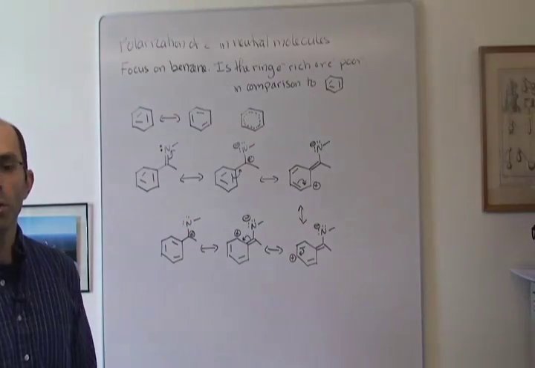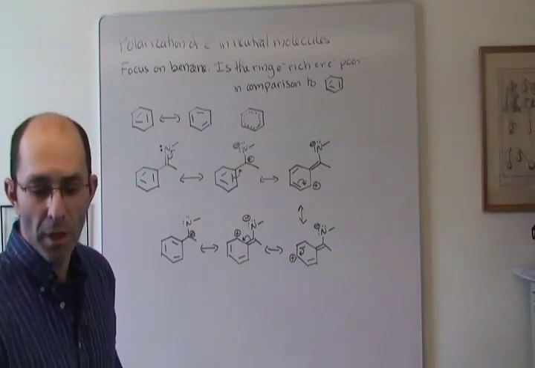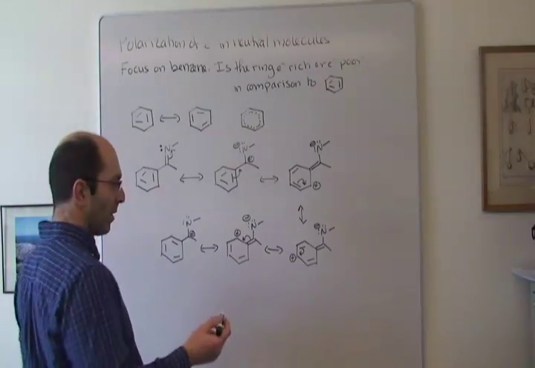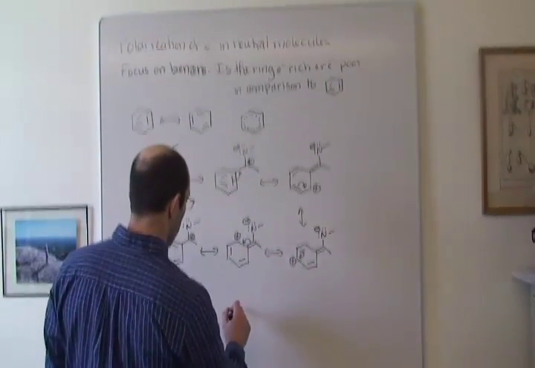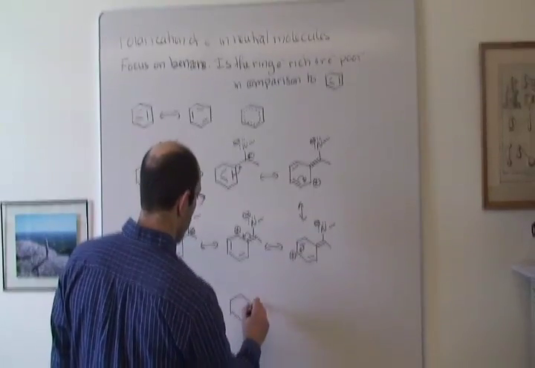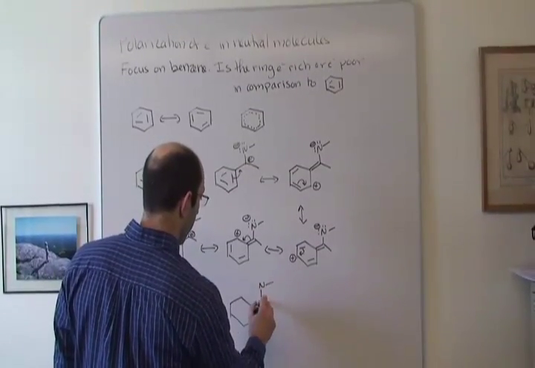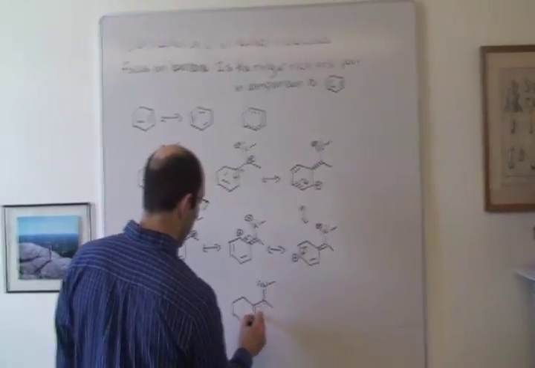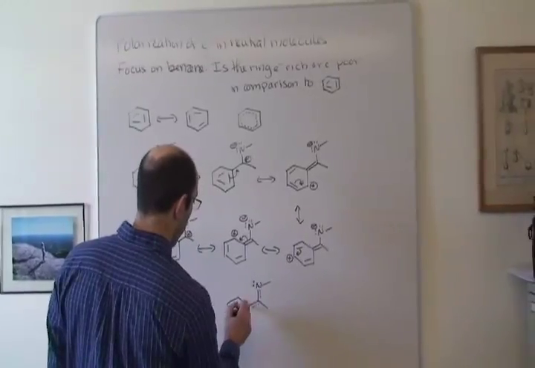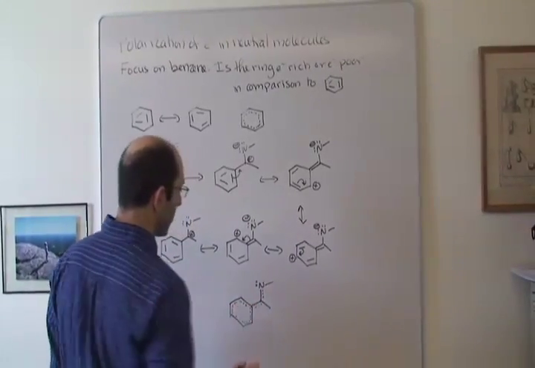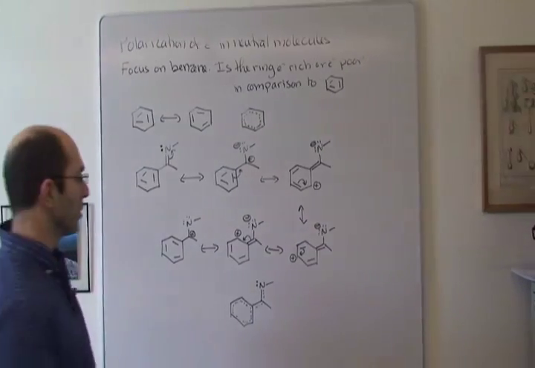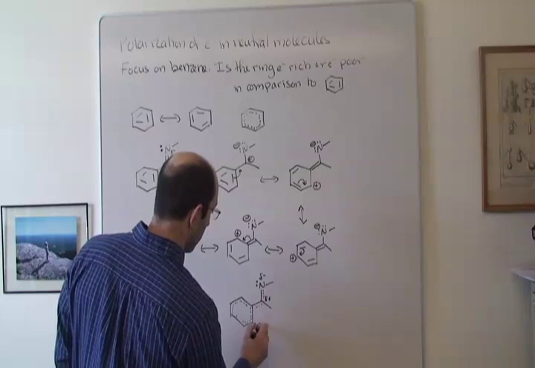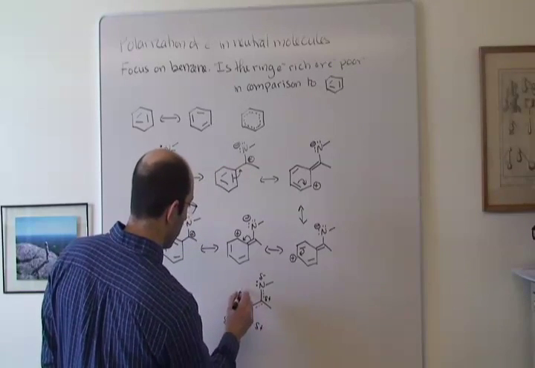Okay, and again, we've shown that the positive charge is now delocalized throughout the ring, spread over 3 of the atoms in the ring. All right, and then if we looked at what the resonance hybrid would look like, we'd have delocalization over all of those positions, partial negative charge on nitrogen, partial positive on every other carbon.